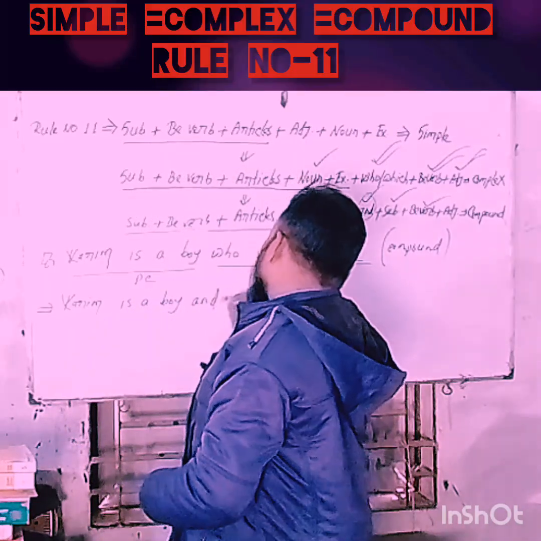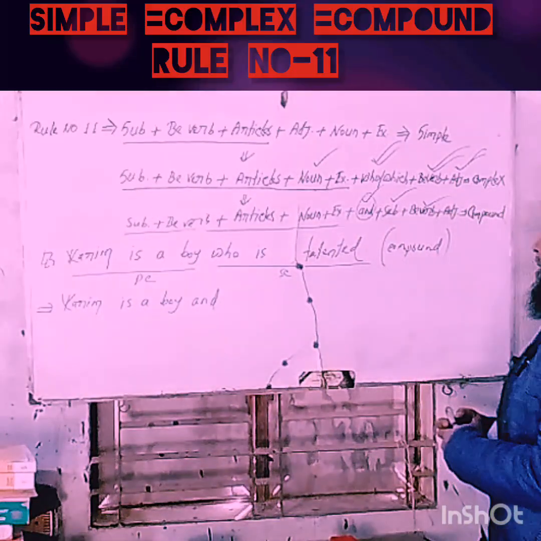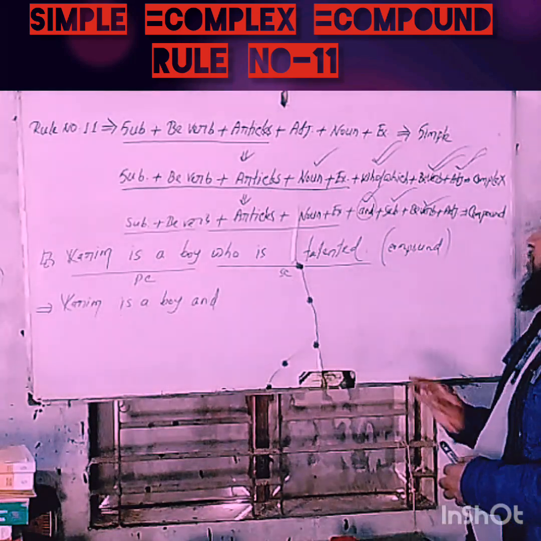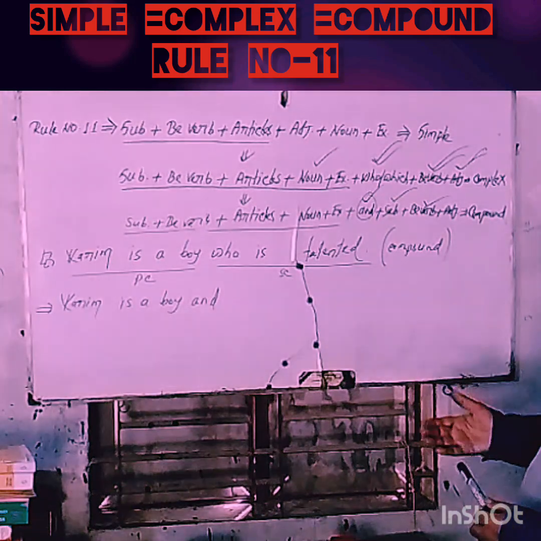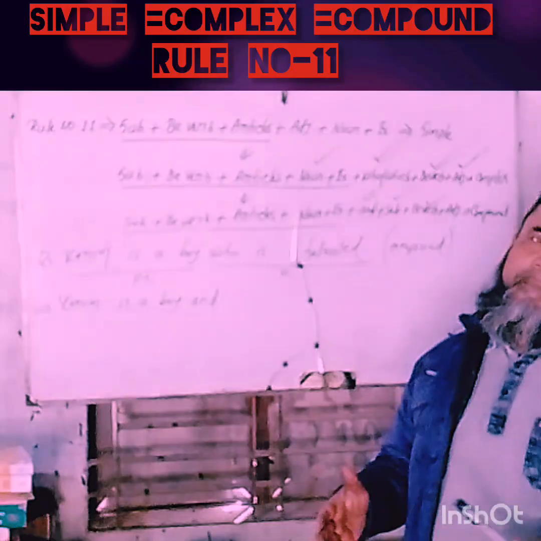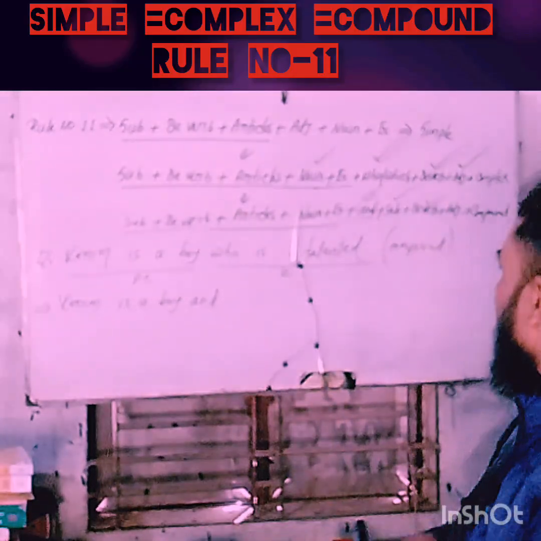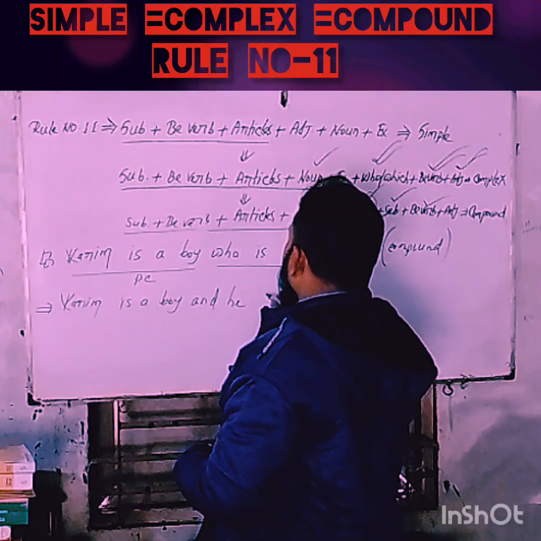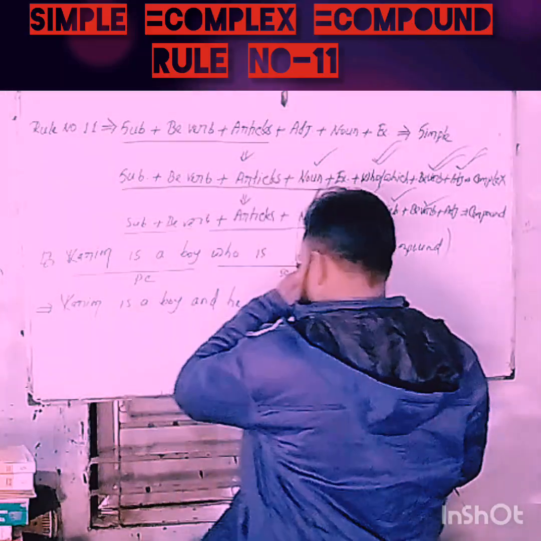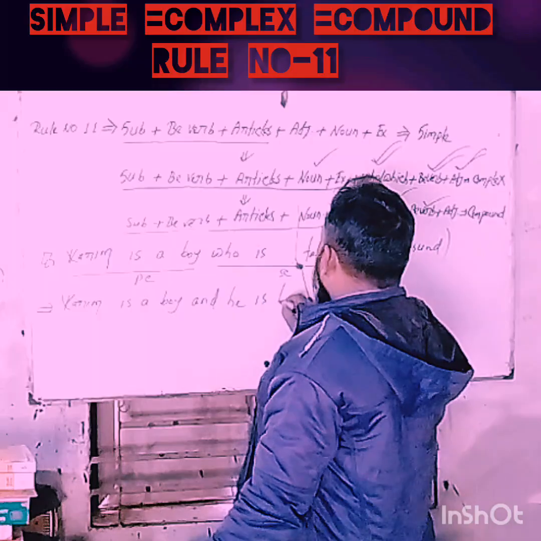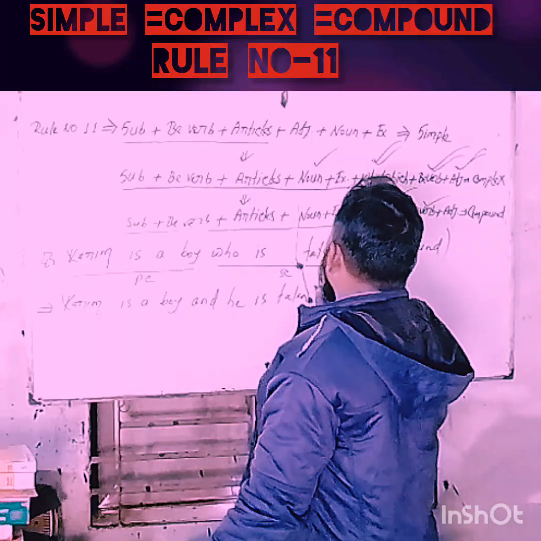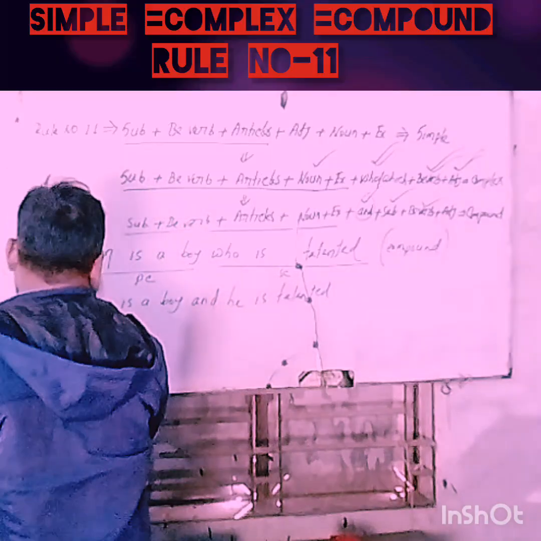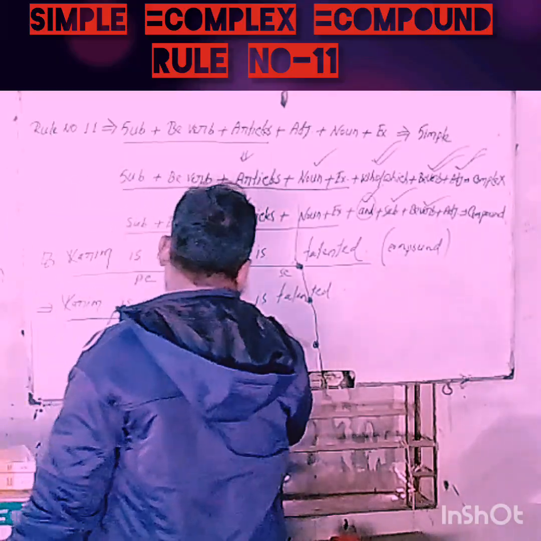Then write a coordinate conjunction, and now you have to change the subordinate clause into a principal clause. So for this, you have to delete the relative pronoun, and you have to use and, then subject, then the verb, then extension. That means the adjective, talented.